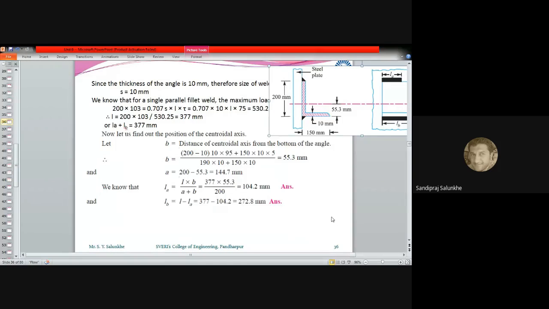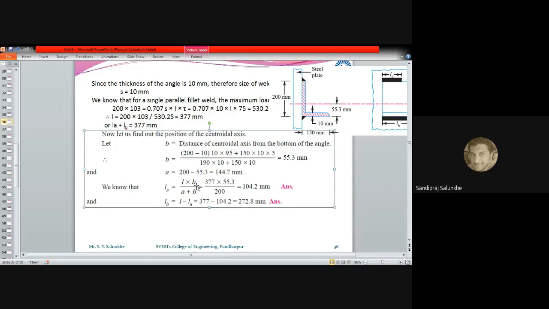So B we have calculated as 55.3, and A can be calculated from the higher end, 200 minus 55.3. So we have found A and B, that is, we have located the centroid.